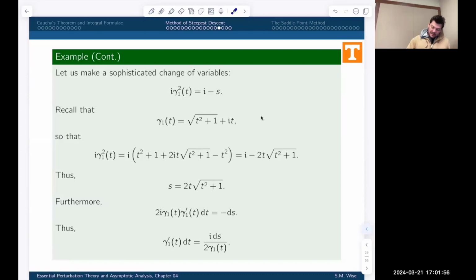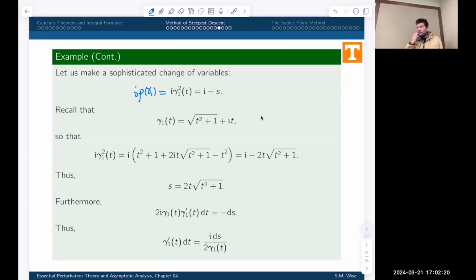This piece here, what is this? Well, this is just like i rho of z, evaluated on gamma 1. Okay, so this part here is just i rho z, but where we set z equal to gamma 1.